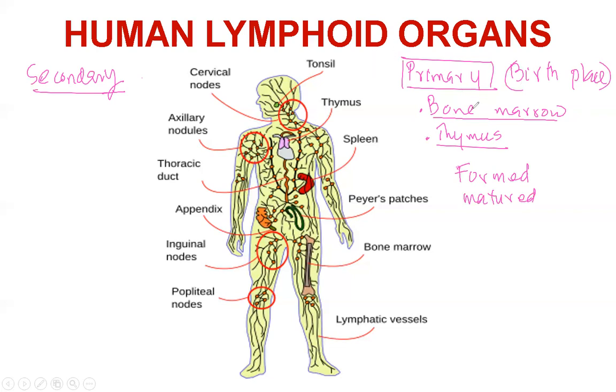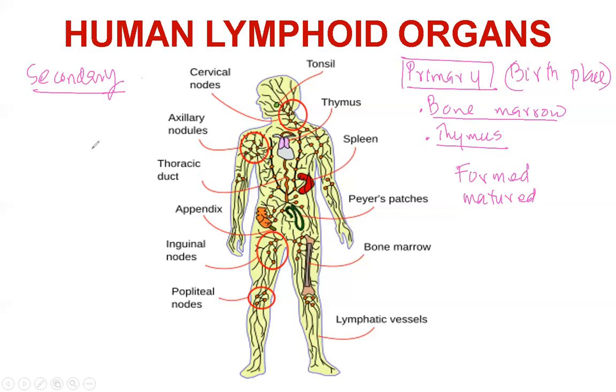So that's like your home. You're born in your home and you grow up in your home. And once you are grown up sufficiently, you might be sent to a military school for training in arms, to fight a war, for example. That's a secondary lymphoid organ. In secondary lymphoid organs, these cells become more effective. They are known as effector cells.